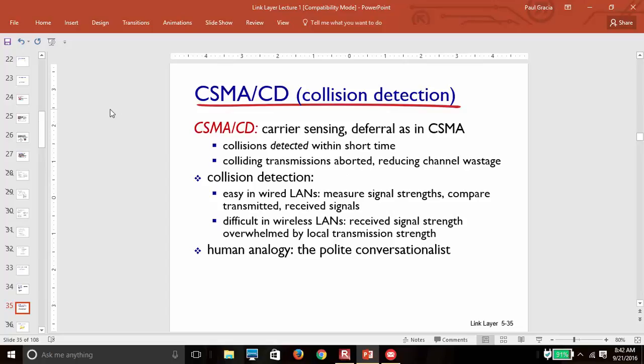So we add to our carrier sense multiple access, collision detection.